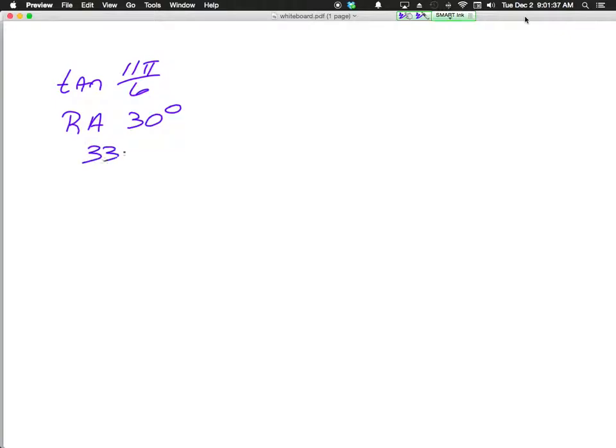Multiply by 11, which gives me 330, and we find out it's in quadrant 4. What's my letter for quadrant 4? Cosine. So cosine is positive. So I'm dealing with tangent. What does that mean tangent's going to be? Tangent is going to be negative. I'm dealing with 30, so I go to tangent of 30. Tangent of 30 is 1 over radical 3. There's my answer. That's all I've got to do.